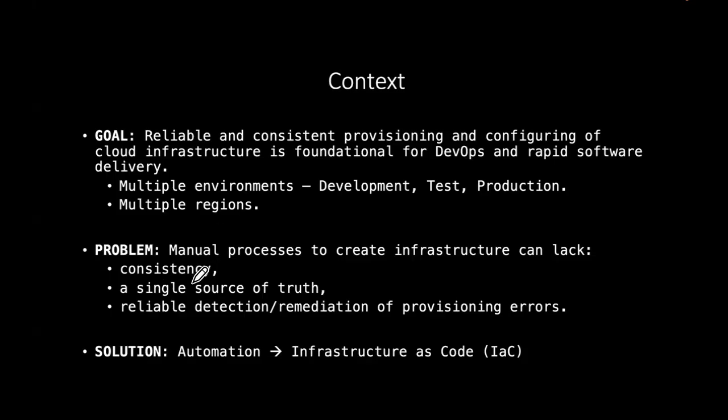We always talk about having a single source of truth. If we take a manual approach, we may document it, but there may be multiple copies of that document floating around, and they may not be the exact same, and all those issues. So there is no single source of truth if it's simply a documented process.